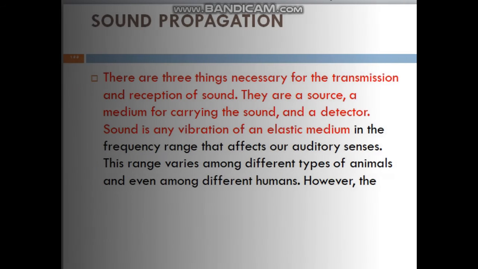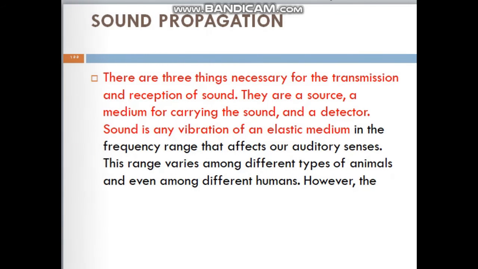Sound propagation. There are three things necessary for transmission and reception of sound, and they are: the first one, the source; the second one, the medium carrying the sound; and the last one, the detector.